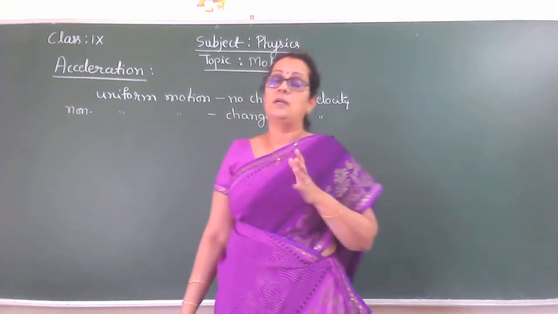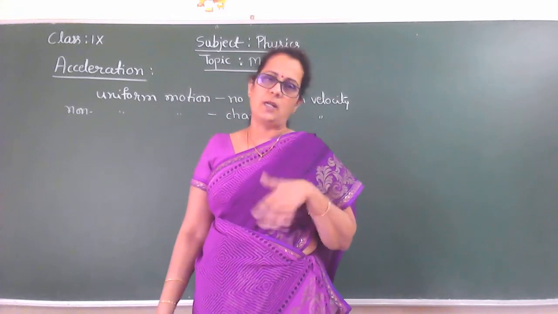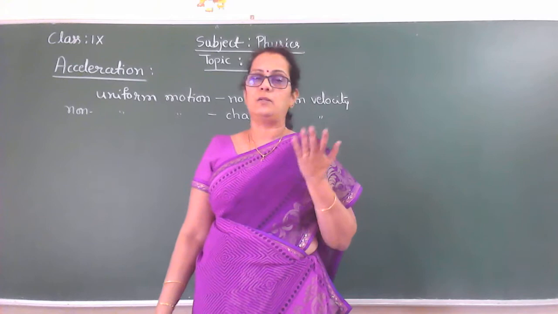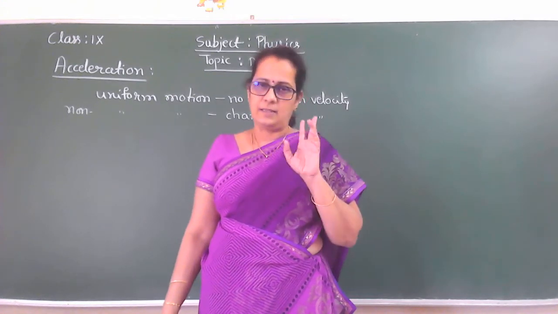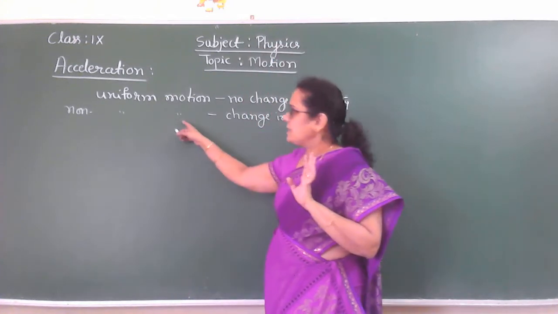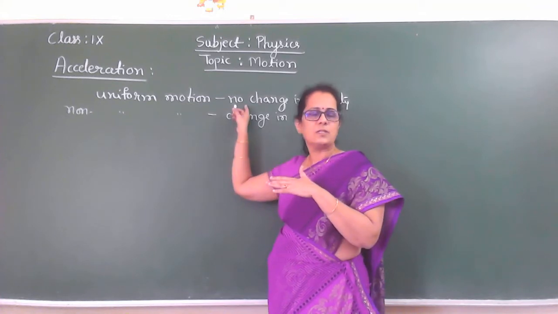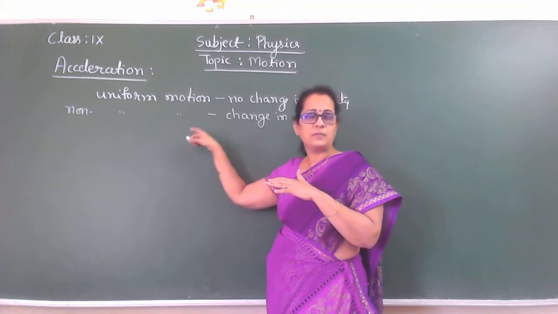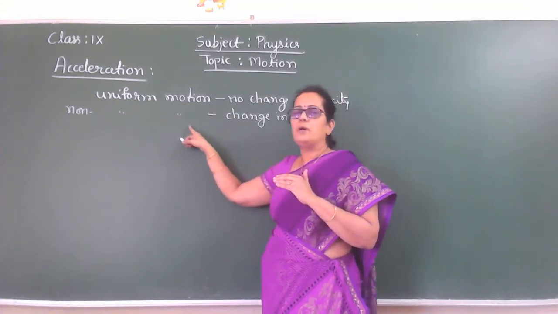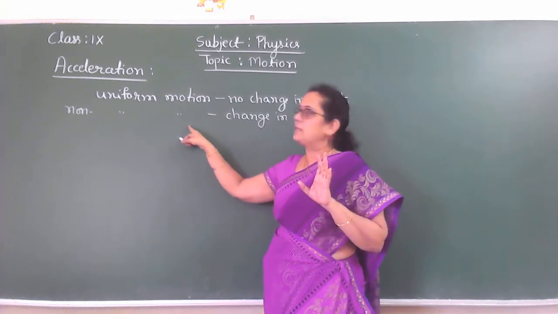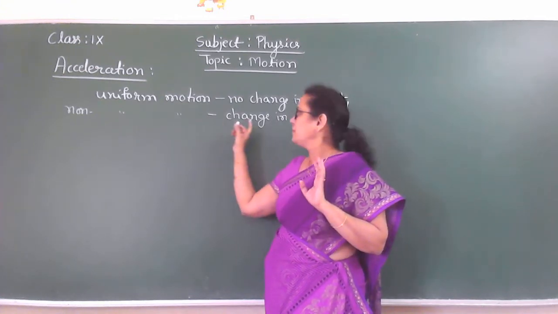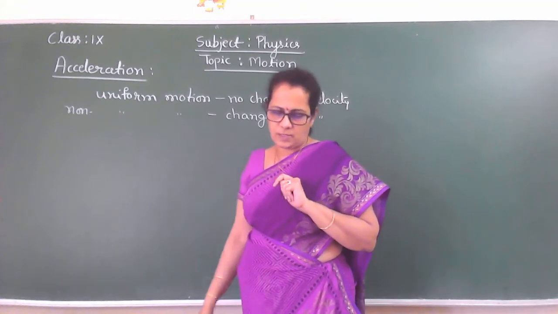Isn't it? You know what is uniform motion and non-uniform motion, that I taught you in the second class, I think. So when it is uniform, the velocity is constant. If it is non-uniform motion, then there is a change in velocity.